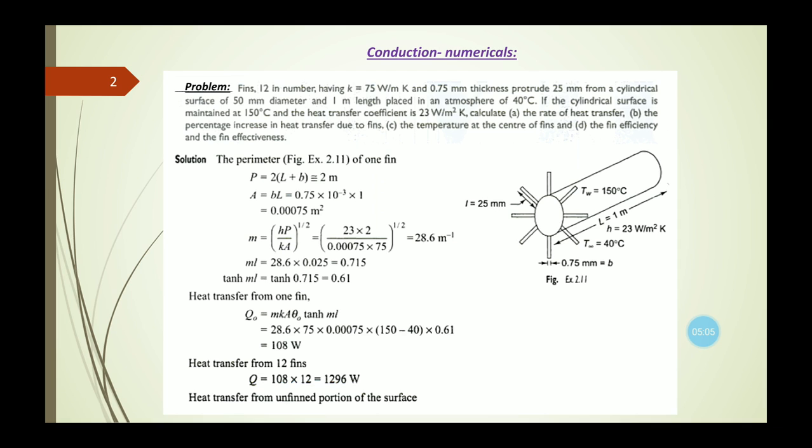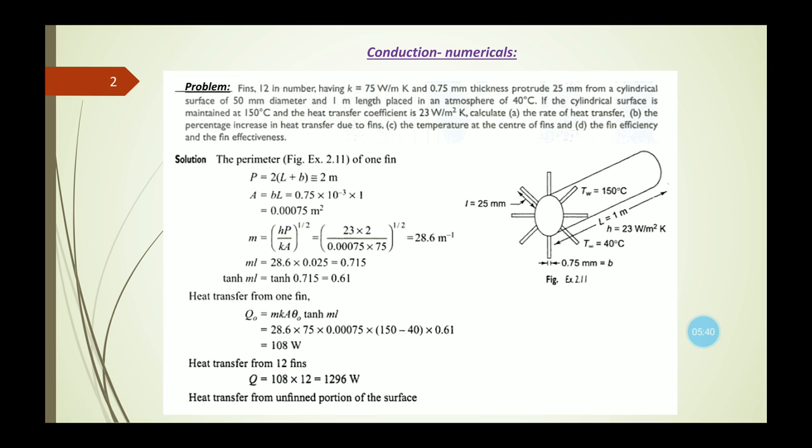The values of P and A, that is the perimeter and area, we have calculated just now. Putting all these values in this mathematical representation of m, we can calculate its value, that is 28.6 per meter. So mL will be equal to 28.6 multiplied by L, that is mL equals 0.715. So tanh of this mL is equal to 0.61.